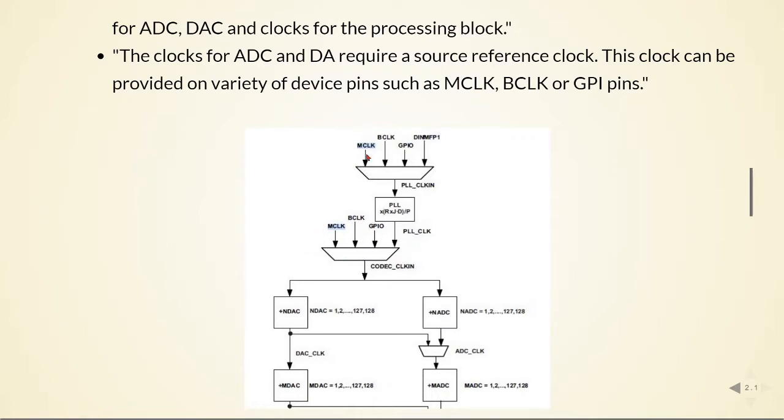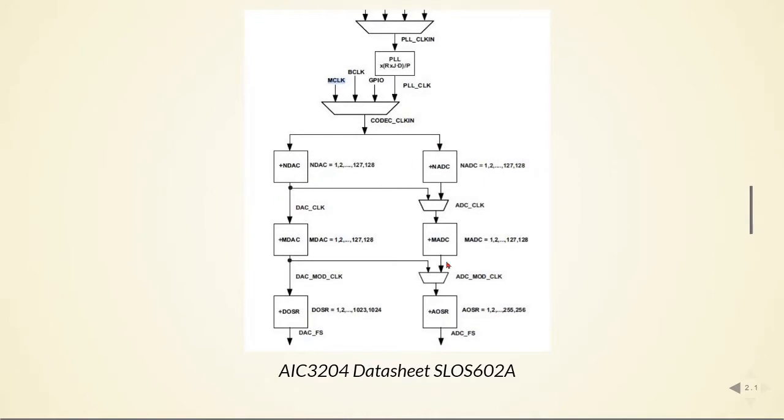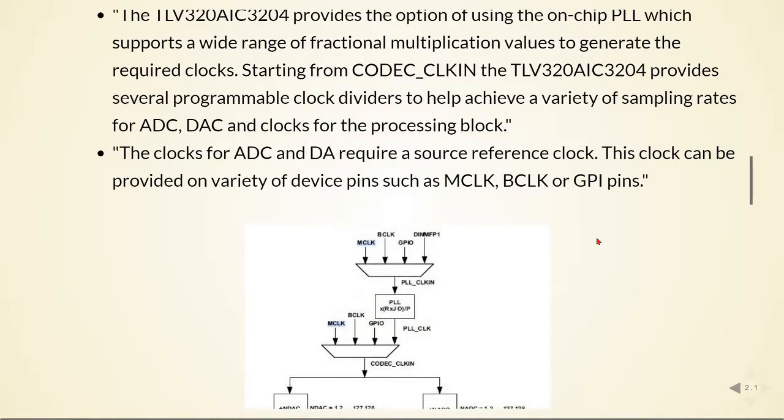So the master clock will be used, and then we will have this manipulation here. We have registers R, J, D, and P, and from this clock we will achieve the PLL clock that will be used for the codec clock in, and then we can also change these values here to achieve the final sampling frequencies.